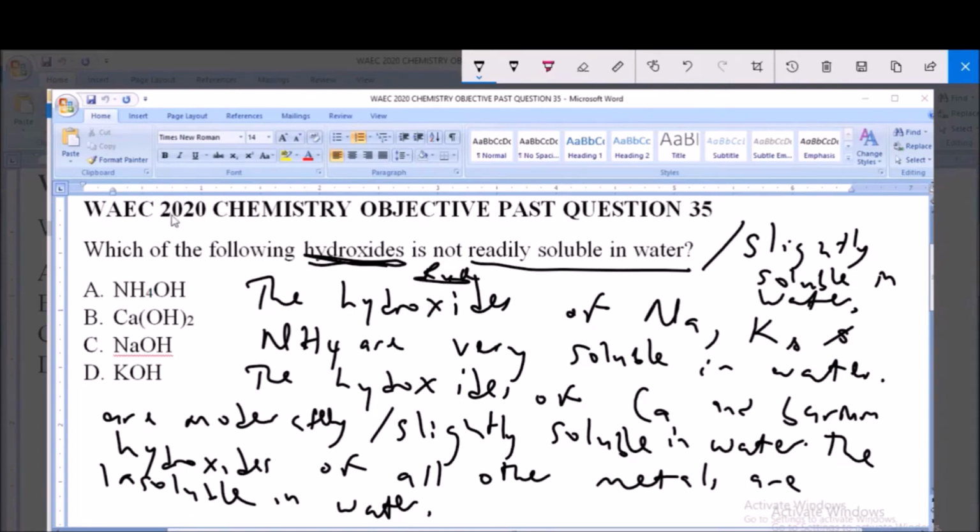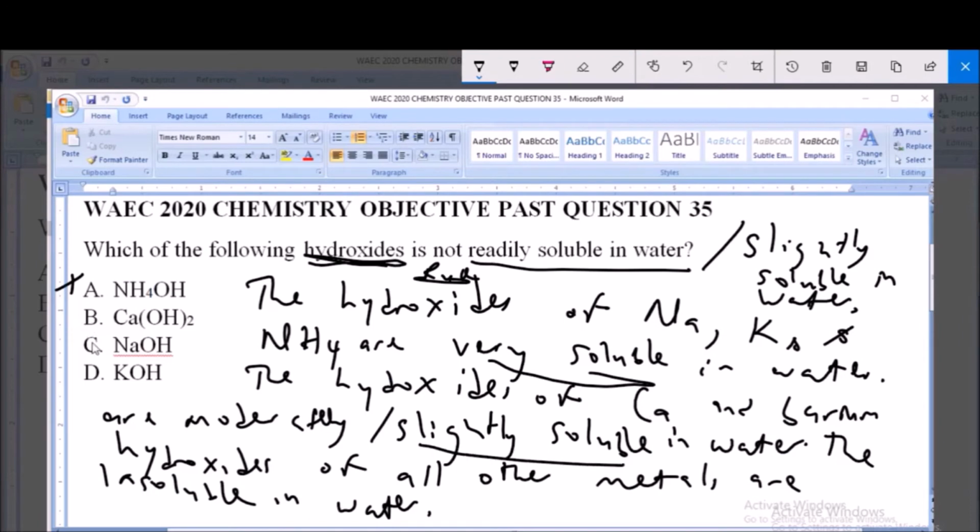Now, looking at the options, we have ammonium hydroxide here, and we said the hydroxide of ammonium is one of those that is very soluble. So option A is not the answer to the question. Now, we said the hydroxides of calcium, as we have calcium hydroxide in option B, are slightly soluble in water.